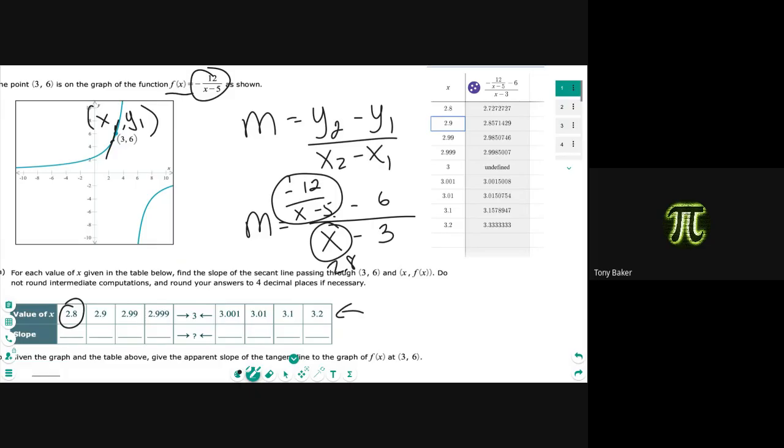All right. So what is the apparent slope for the tangent line? It's 3. So the limit goes to 3. Good.